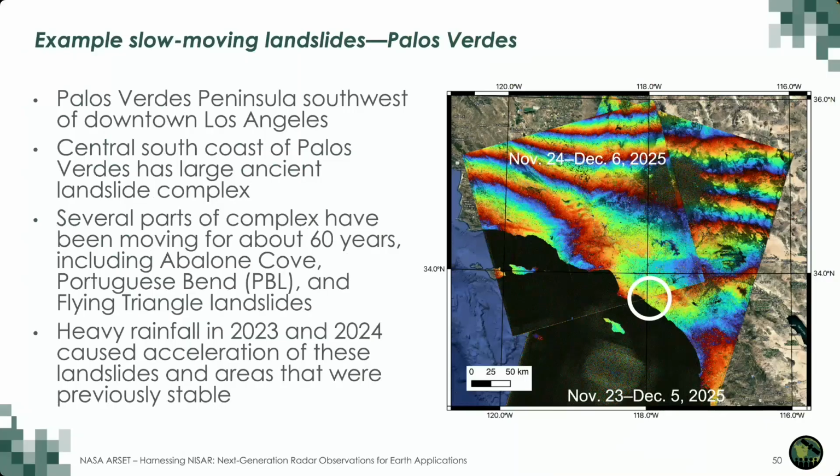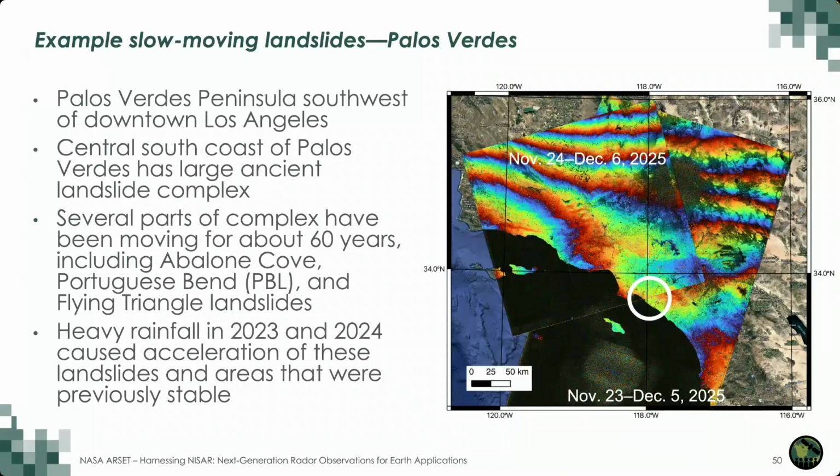That part was known to have been moving for a long time, but we had very heavy rainfall in 2023 and again in 2024, and that caused both those older parts of the landslide and other parts of the landslide to accelerate drastically, and cause the damage that you saw on that previous slide.